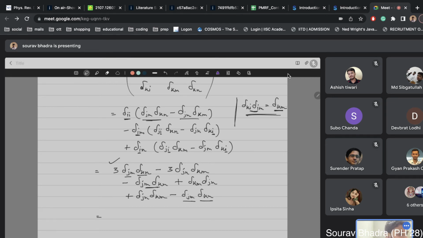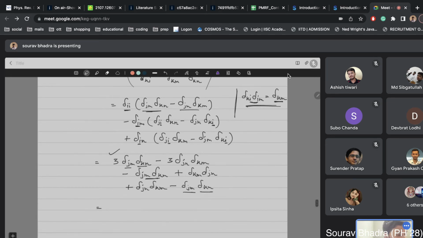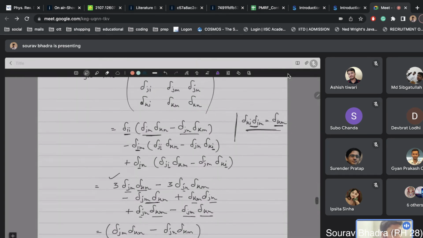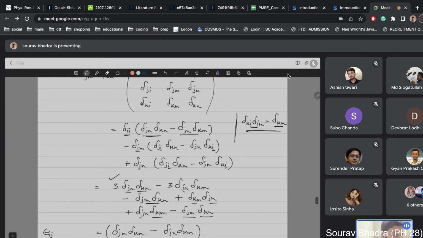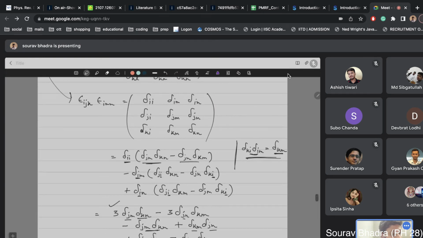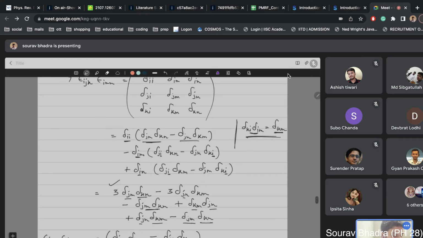From 3, 2 are subtracted, so only 1 delta jm delta kn remains. Similarly, 3 delta jn delta km, here 1 plus delta jn delta km, and here 1 plus delta jn delta km, so it will be delta jn delta km. So this is the answer of epsilon ijk epsilon imn.